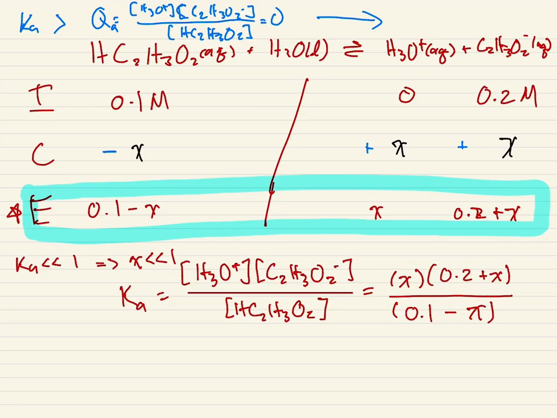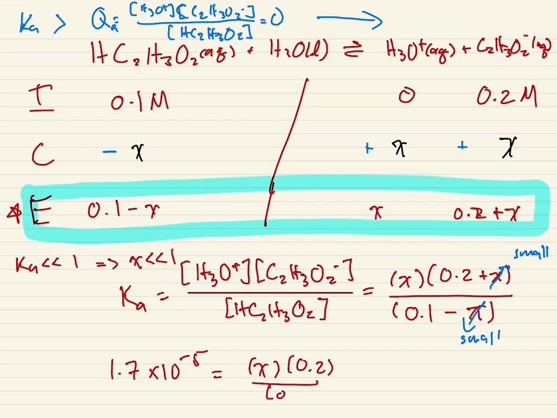All right, so we can assume all of these are small, and that simplifies our calculation a lot, right? Because now, plugging in our Ka value, we have 1.7 times 10 to the minus 5 equals x times 0.2 over 0.1.